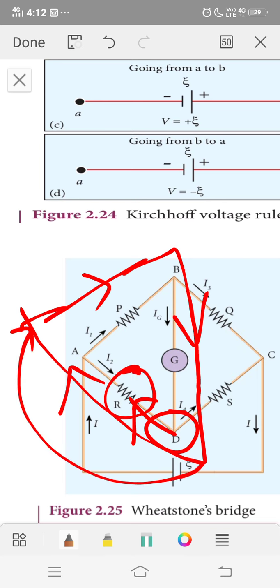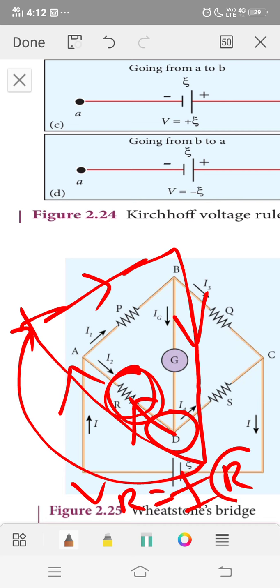The resistor has the same symbol R, and the current flowing through this resistor R is I2. Since it is opposite to the potential difference, I take the negative sign: minus VR, the voltage drop across the resistor R, is equal to minus I2R.